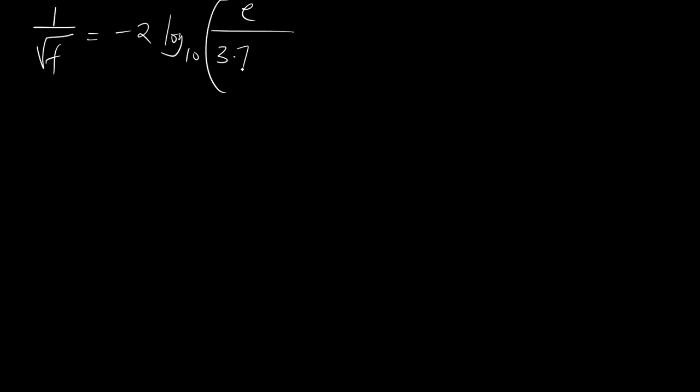So let me just write this again here. We have minus 2 log base 10 of e over 3.7d plus 2.51 divided by Reynolds number times square root of f.